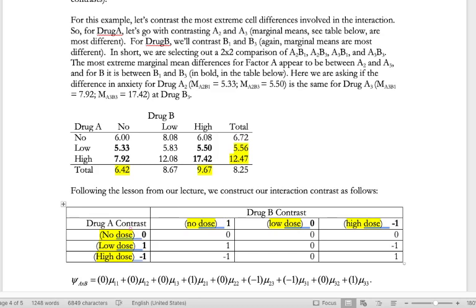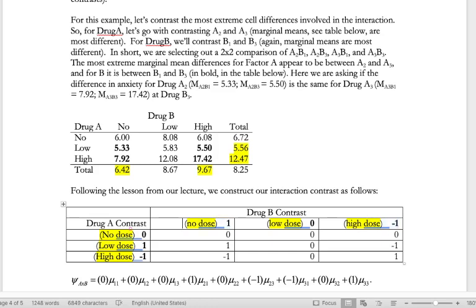So once we have these on the side set up, what we want to do then is assign each of them a value. We said that for drug B, we were going to compare no dose and high dose. So randomly, we give no dose a 1 and high dose a -1.